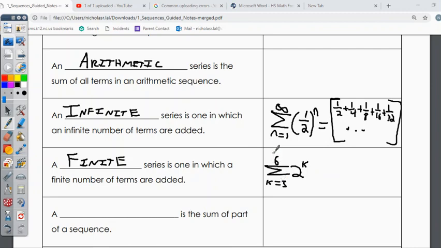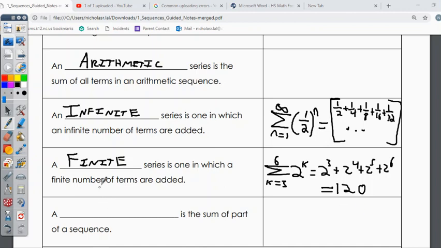Once again, pretty much all our examples up to infinite series have been finite series. So this would be equal to 2 to the third plus 2 to the fourth plus 2 to the fifth plus 2 to the sixth. If you do the math out, this is going to be equal to 120. All right?